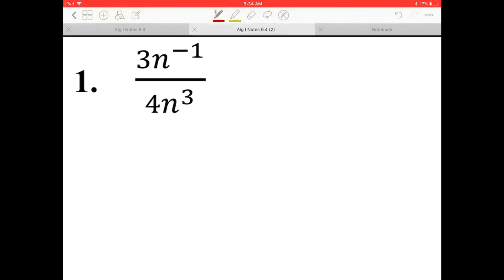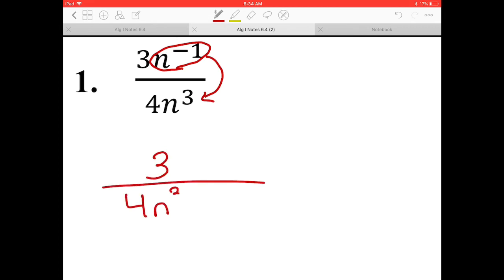So anyway, number 1, we have 3/4 and then n to the negative first power n cubed on the bottom. So here I have a variable with a negative exponent. So in order to make this positive, I'm going to cross the line and flip the sign. So this is going to be 3 and then 4n cubed.